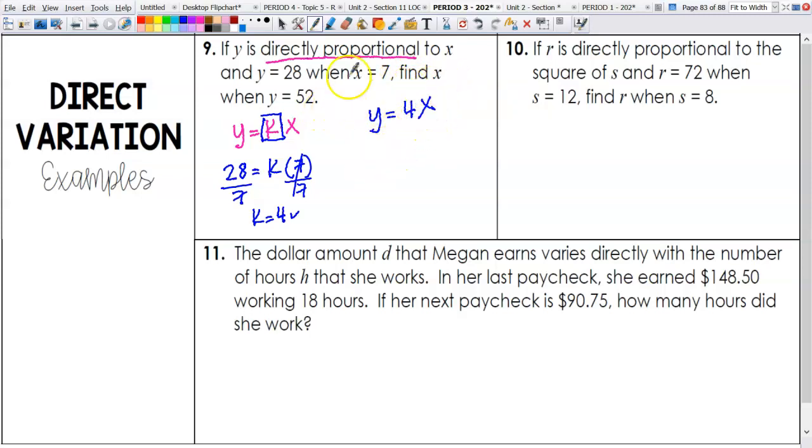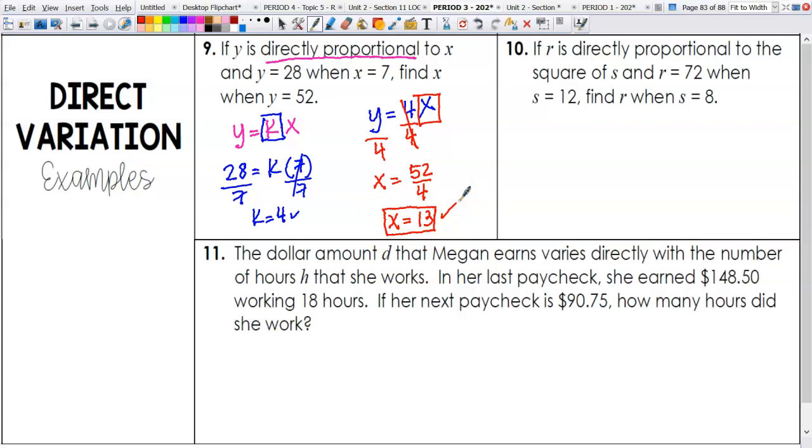I have to find x. This is my goal now. So I will divide by 4. I have to isolate x. So x will be 52 divided by 4, which is 13.